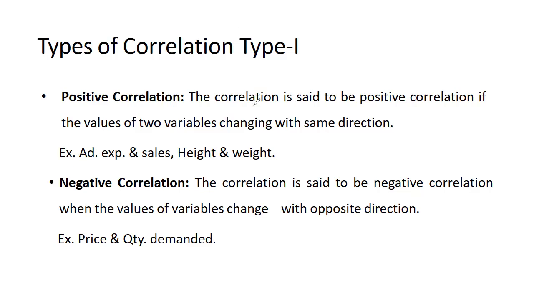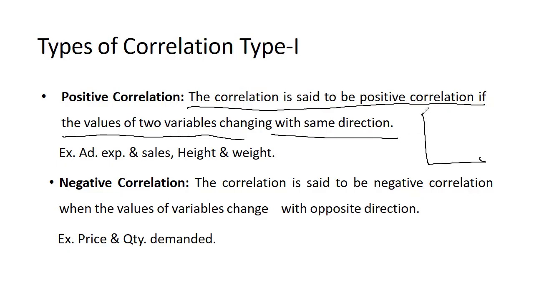Correlation is said to be positive if the values of two variables change in the same direction. If we increase x, y also increases. If we decrease x, y also decreases. So in a positive correlation, the two variables change in the same direction, it may be upward or downward.